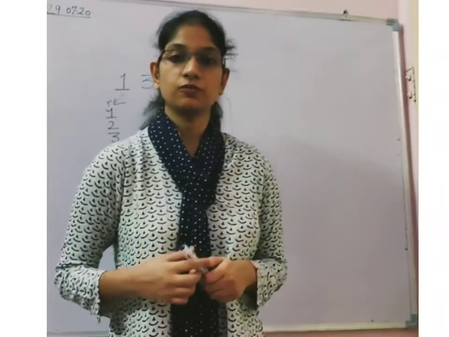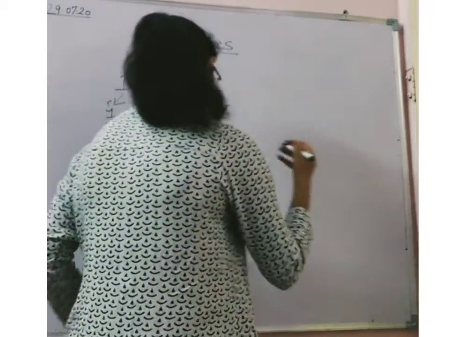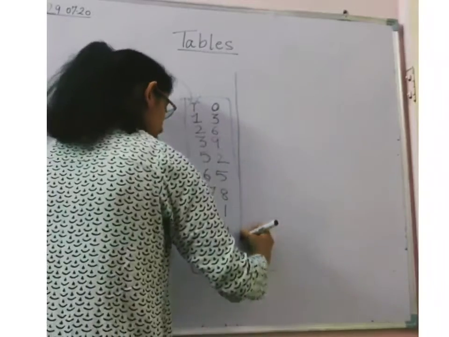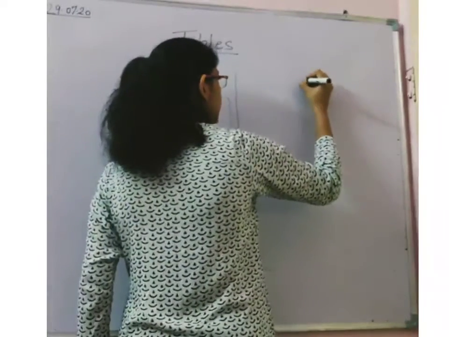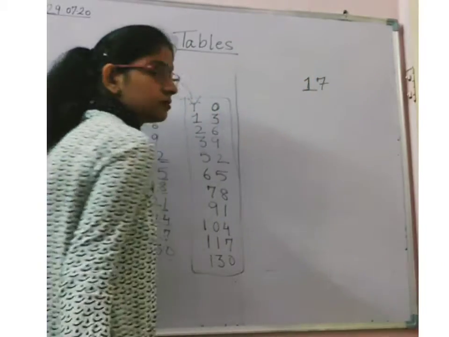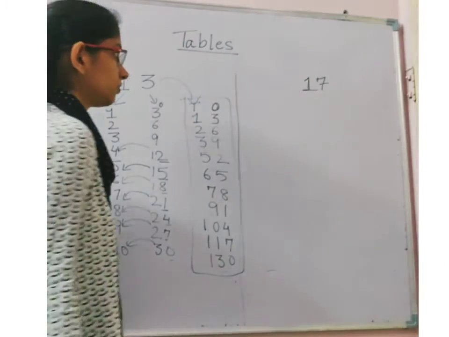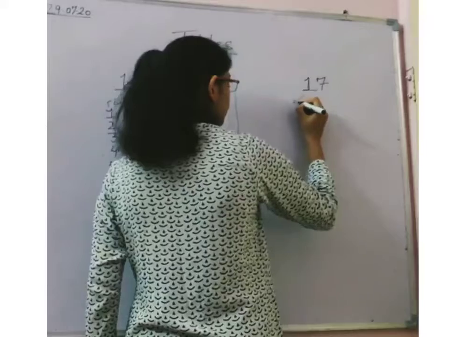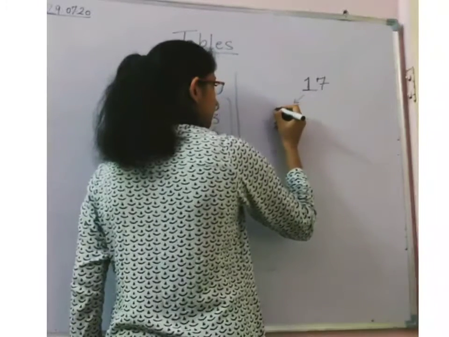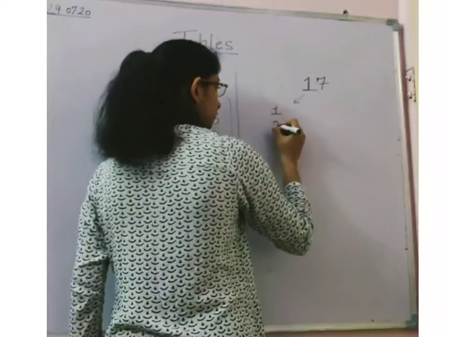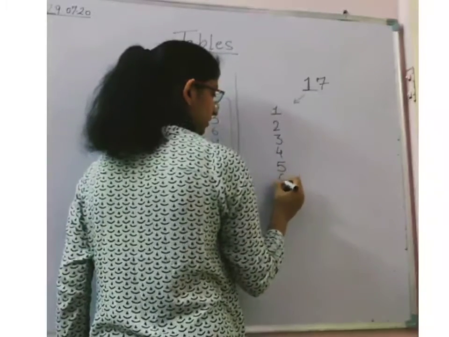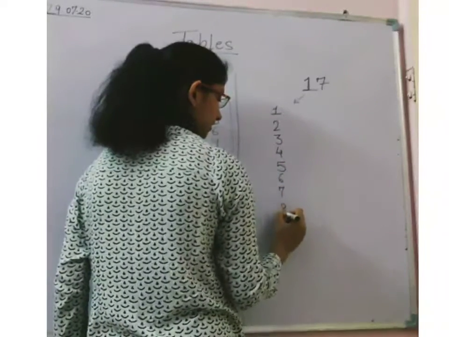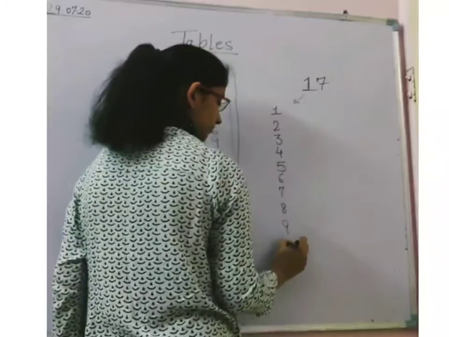Okay, so I'll show you one more table now. First, I'll tell you the table of 17. Okay, so table of 1 will be again the same: 1, 2, 3, 4, 5, 6, 7, 8, 9, 10.